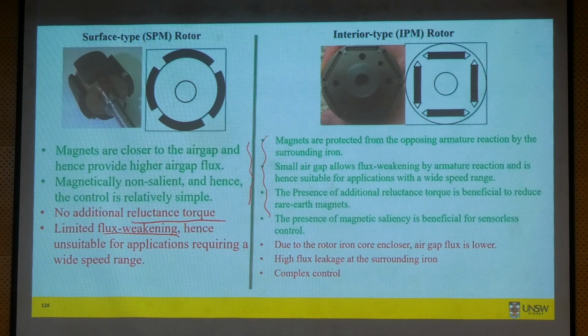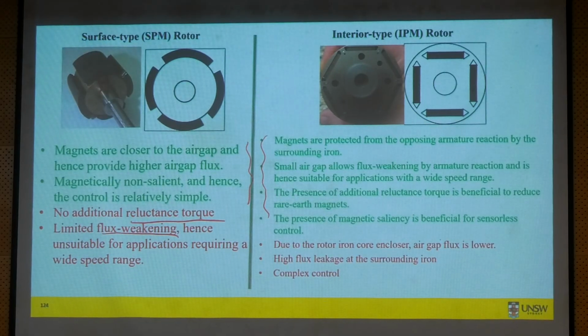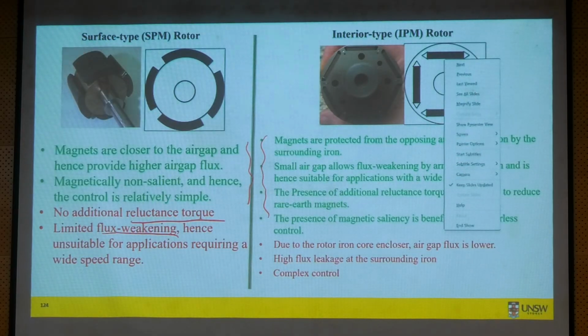Okay, and because of the smaller main air gap, you can do flux weakening quite effectively through the armature reaction in IPM machine. So flux weakening and constant power speed range are possible in the IPM, that's why.